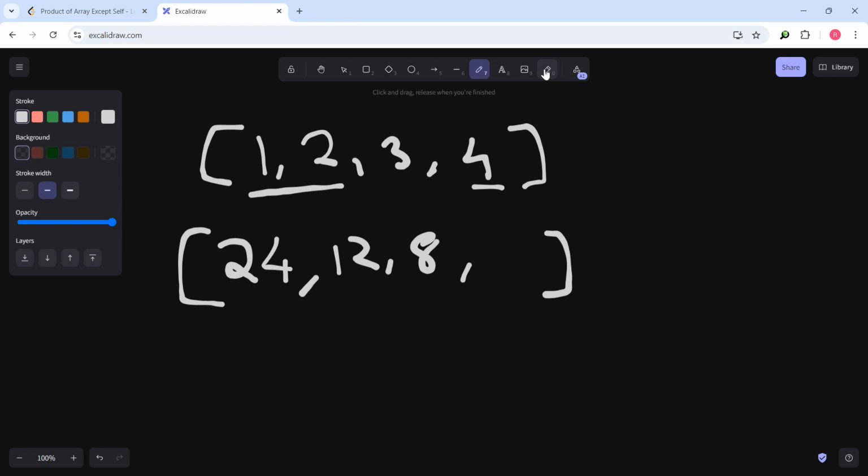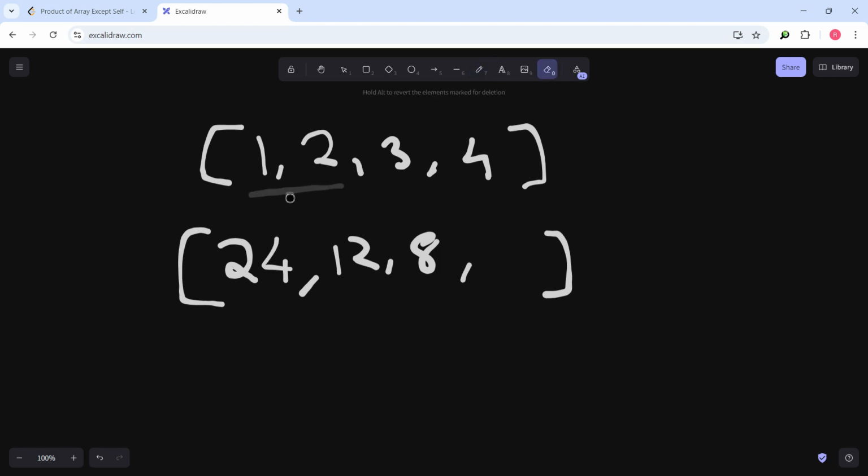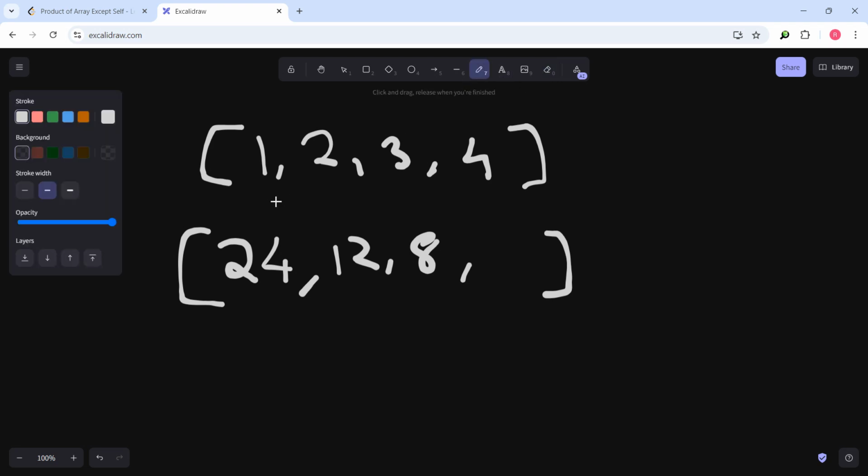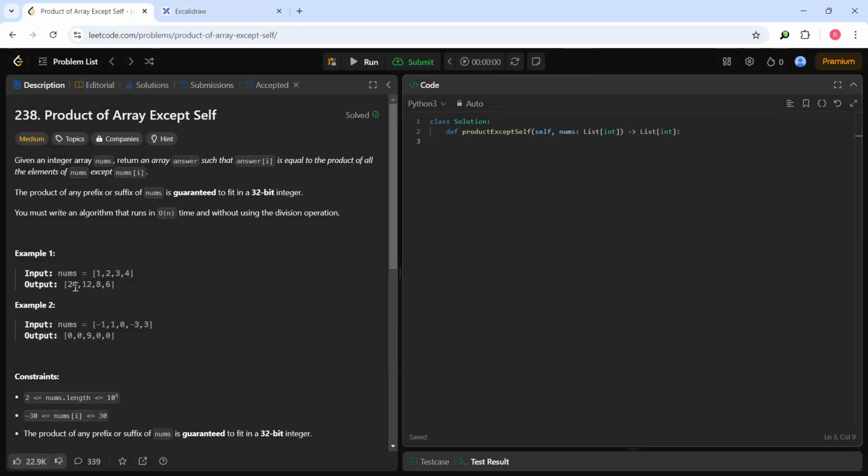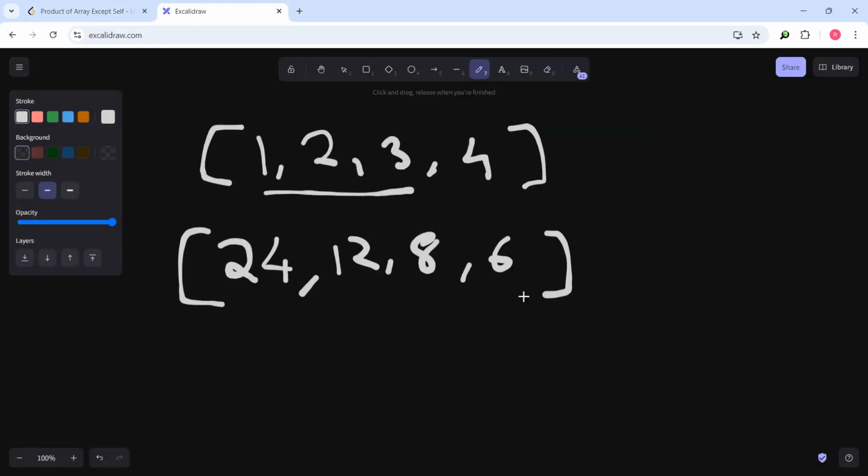And at the end, we have to get the product of everything except that 4. That would be 1 into 2 into 3, 2 into 3 is equal to 6. Let's check if everything is correct. 24, 12, 8, 6. So this is the answer that we are supposed to get.